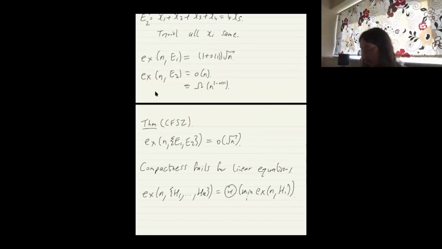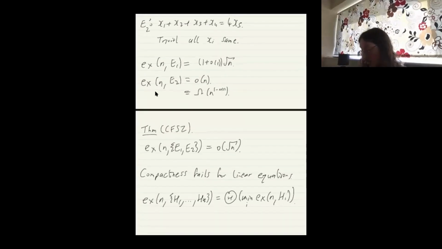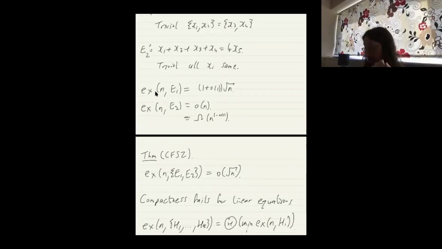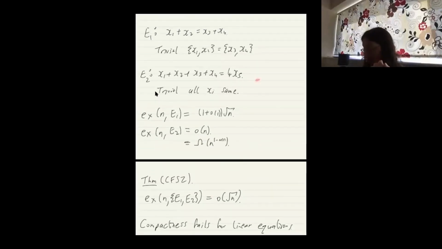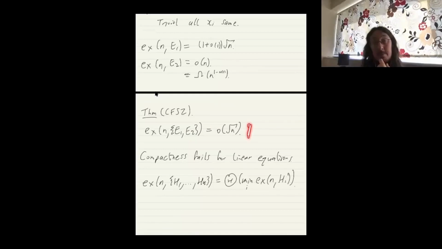But for these two equations, the minimum extremal number is close to linear for one, and for the other we know it's actually root n. But this result says that if you want to avoid solutions to both equations, both the Sidon equation and this translation invariant equation, then in actual fact you need to drop to little o of root n.